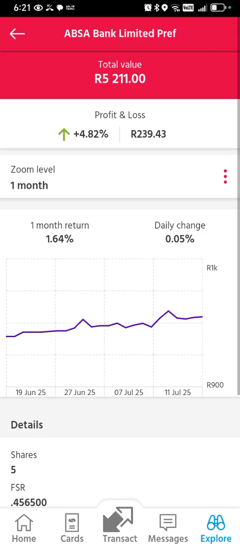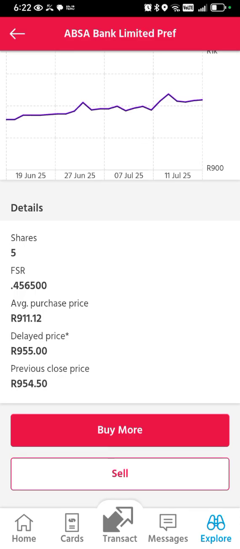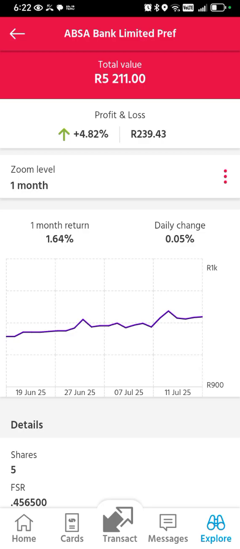So you have like 239 rand profit. So yeah, this is Easy Equities. You can buy, you can sell. This is how shares work in Easy Equities.